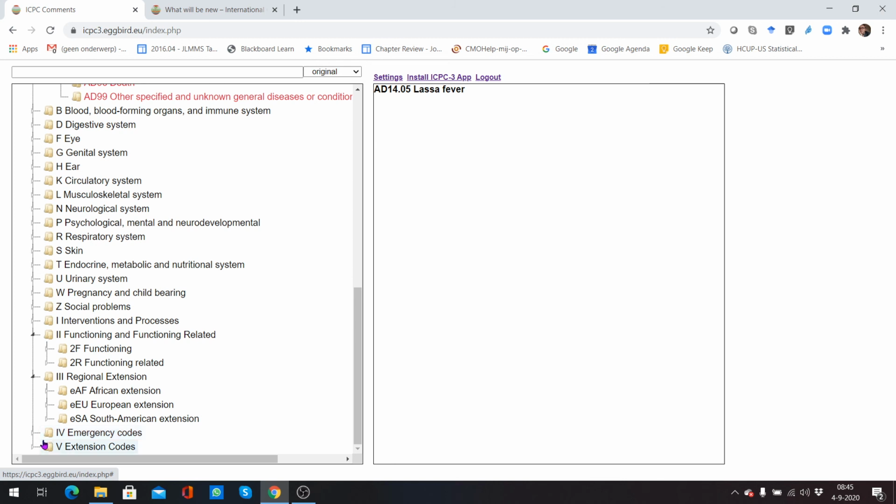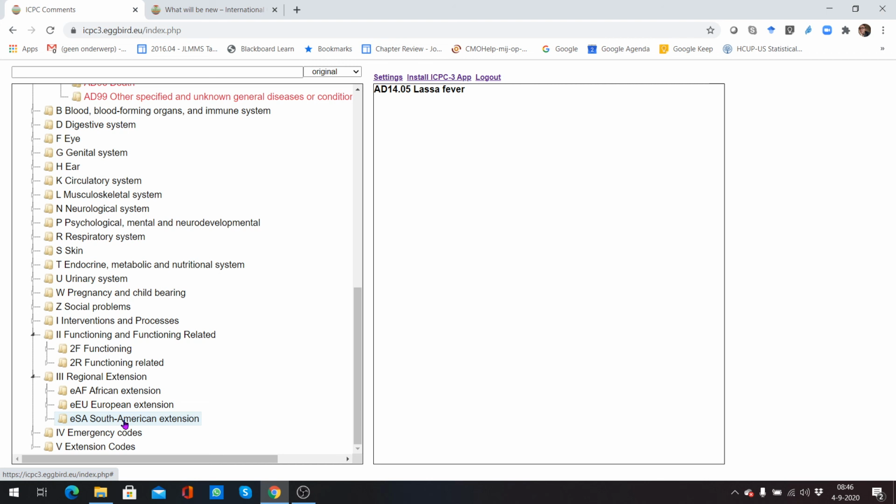Chapter U contains classes with codes for new diseases that can be used in emergency situations of epidemiological importance given the risk of spread of infections. And these codes, they are all aligned with the ICD codes.